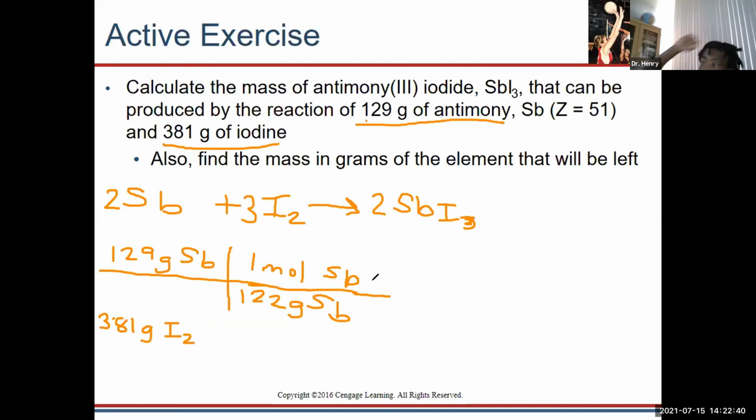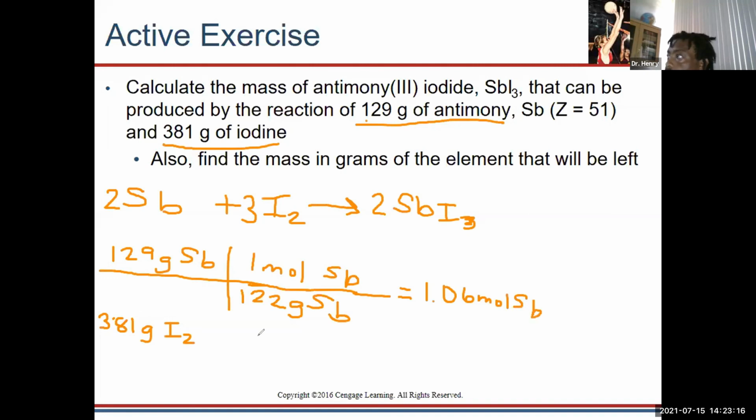Okay. So this would give me the number of moles of antimony, right? And we want to compare moles to moles, because that's the quantity we're comparing. So 129 divided by 122. And that's moles of Sb.